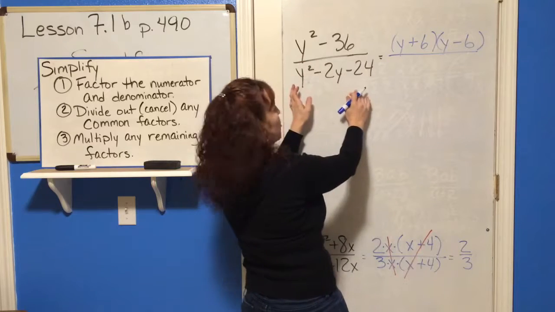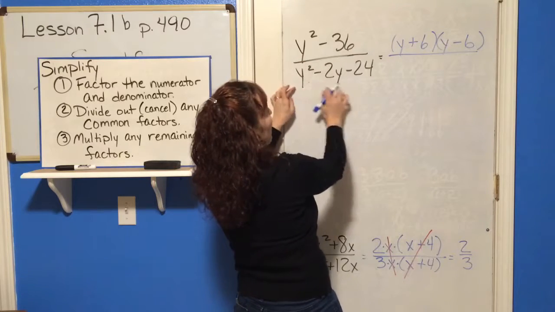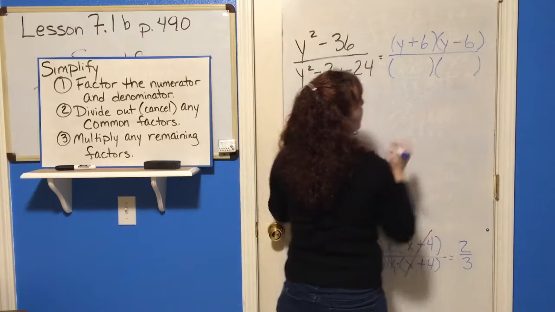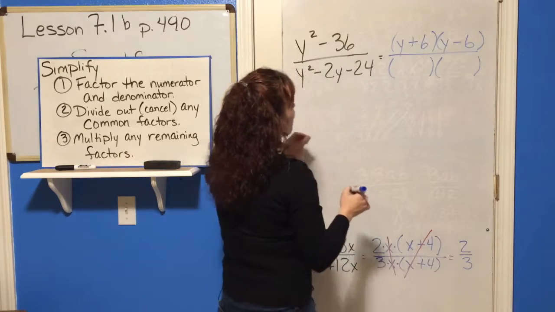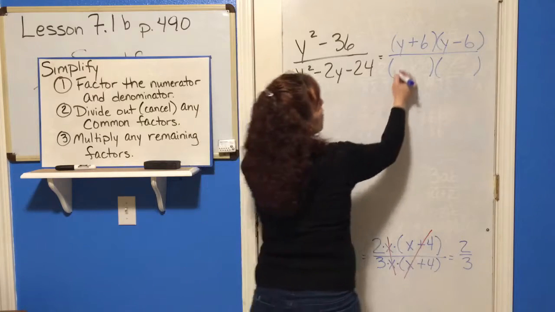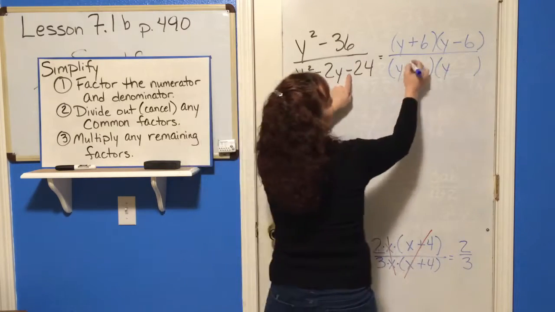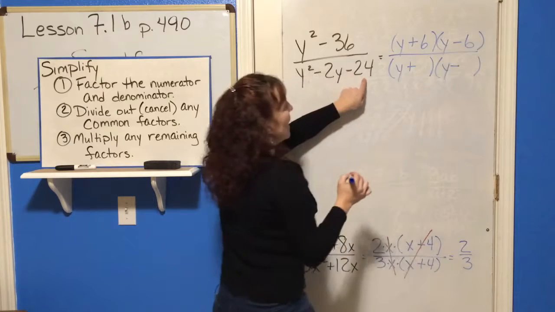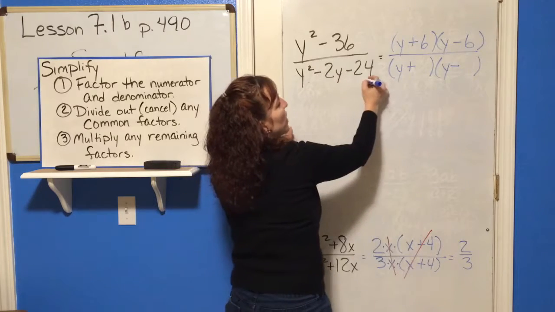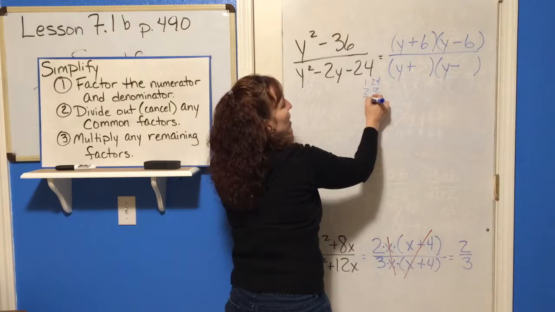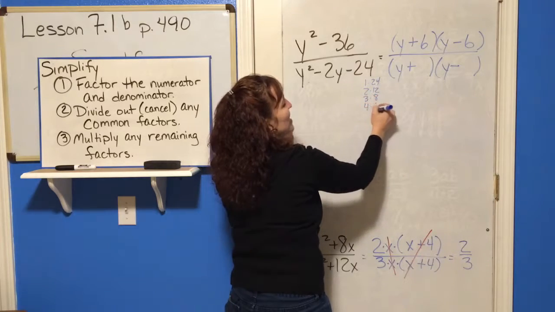And this one is a trinomial also, and there's nothing in common with all three. So I'm going to simply do my double parentheses. And I know y times y is y squared. And I know that my signs are different. And I want 24, so I want either 1 and 24, 2 and 12, 3 and 8, or 4 and 6.